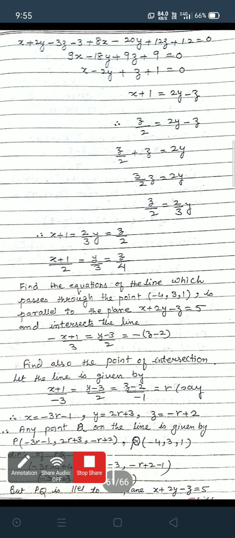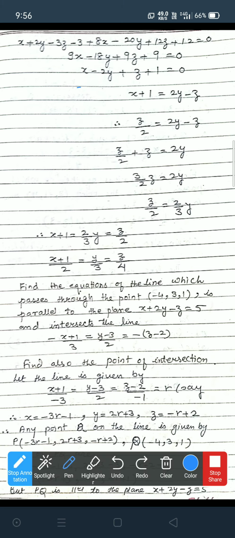So this is x plus 2y minus 3z minus 3 plus 8x minus 2y plus 12z plus 12 is equals to 0. And this is similar to x minus 2y plus z plus 1 is equals to 0, and this is x plus 1 is equals to 2y minus z.